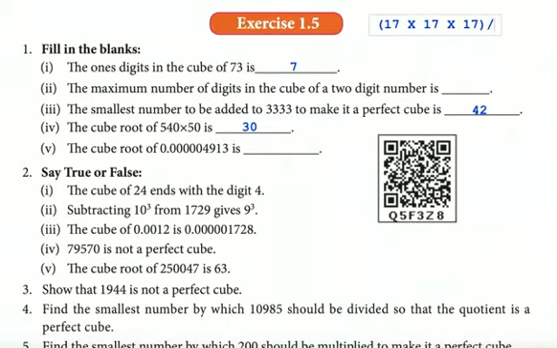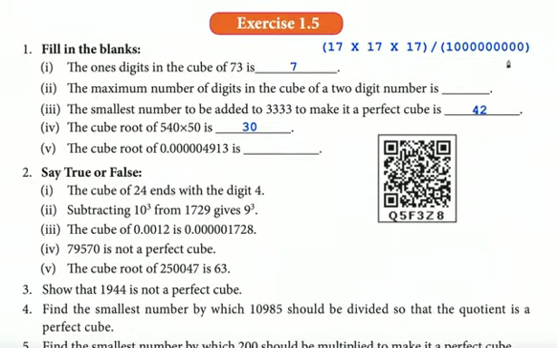Then denominator: 1 2 3 4 5 6 7 8 9, total 9, so 10 power 9. So 9 zeros are there. 10 power 9 by 3 is 10 cube, 1000. So after the result it will be 17 by 1000.